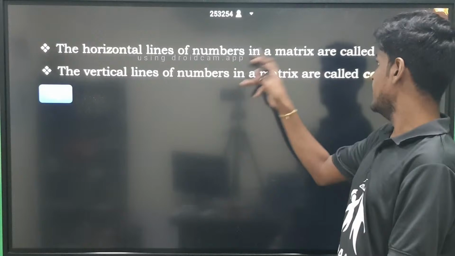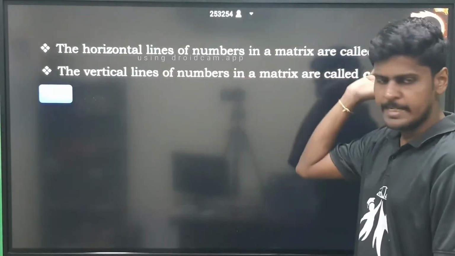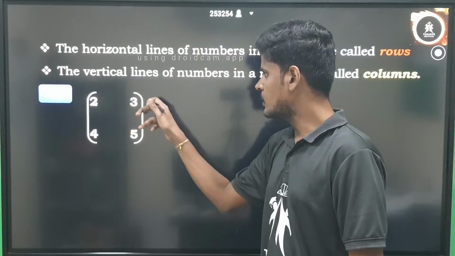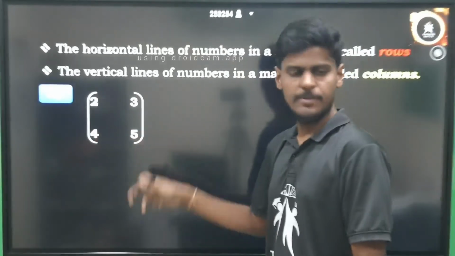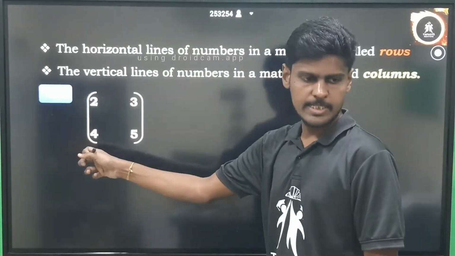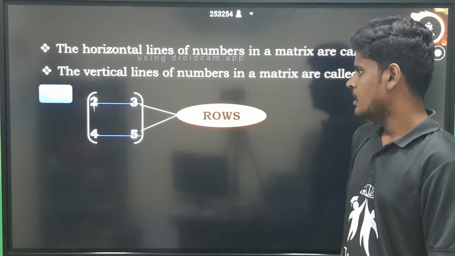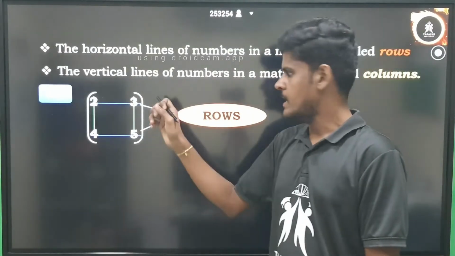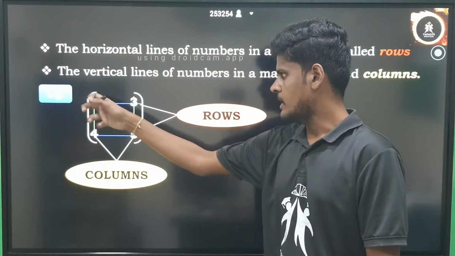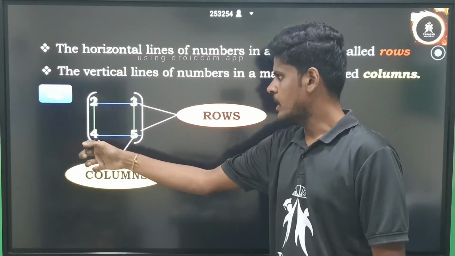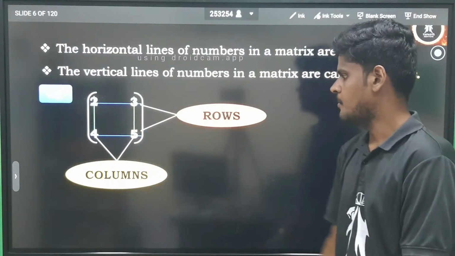Okay, horizontal line is called a row and vertical line is called a column. For example, this 2, 3 is a row, 4, 5 is a row, 2, 4 is a column, 3, 5 is also another column. Now generally rows and columns are numbered like R1, that is row 1, R2, row 2, C1, column 1, C2, column 2.